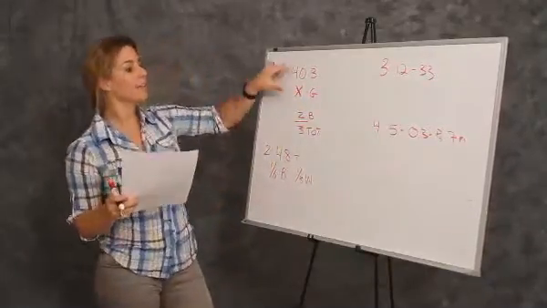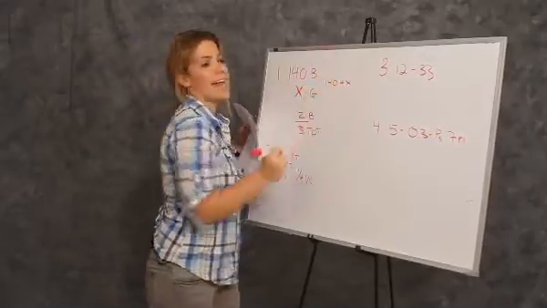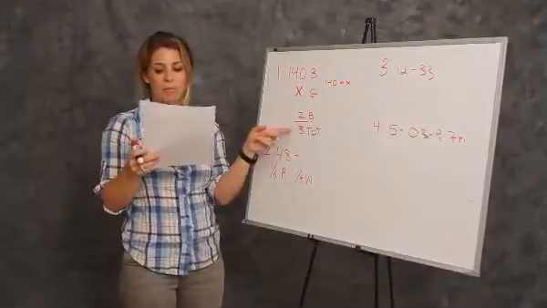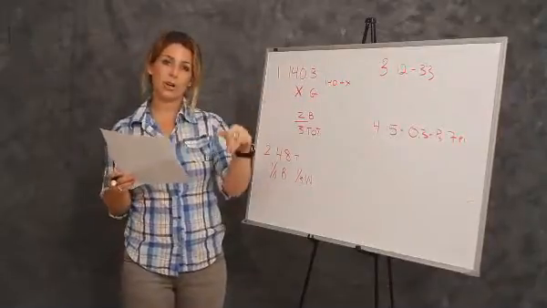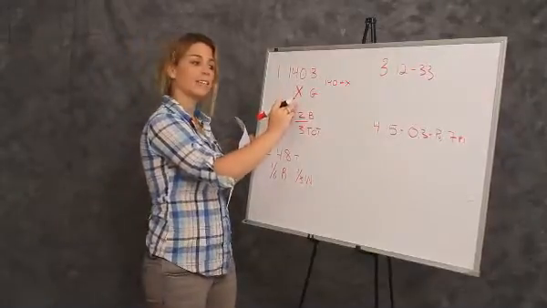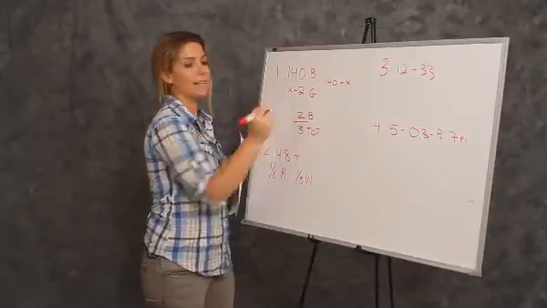So the total here is 140 plus X. But then they tell us that this probability happens after 2 green gloves are removed. So this isn't going to be X, this is now going to be X minus 2.